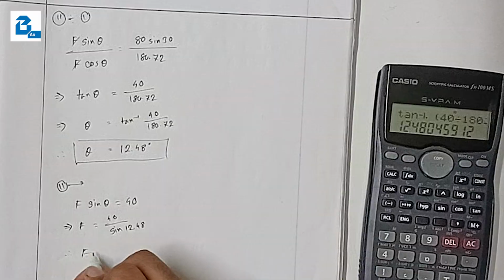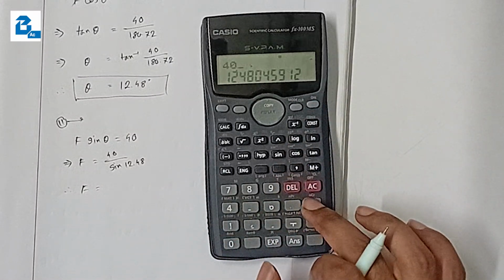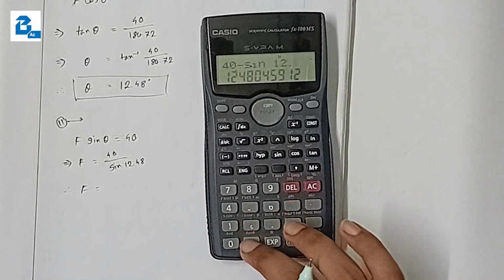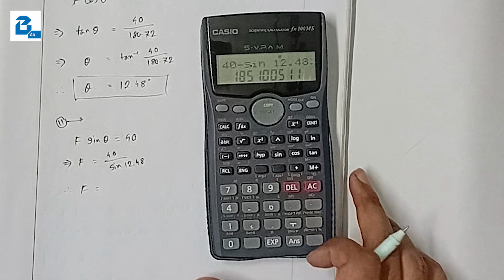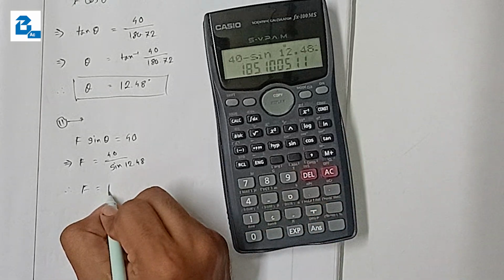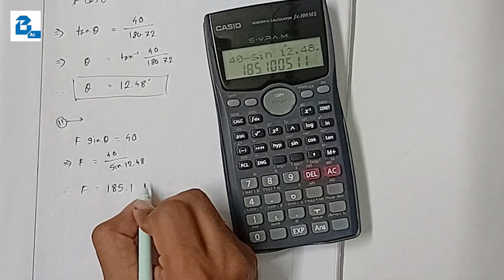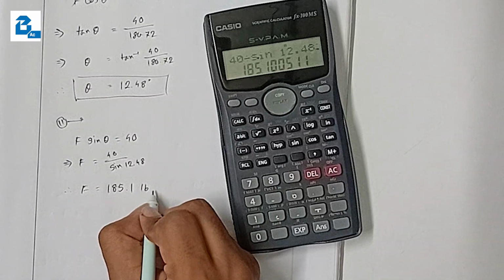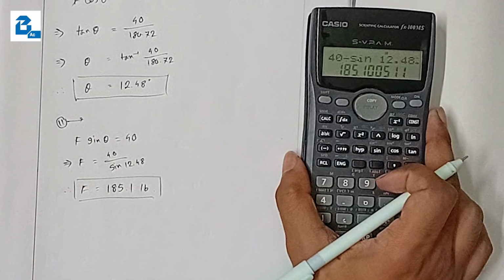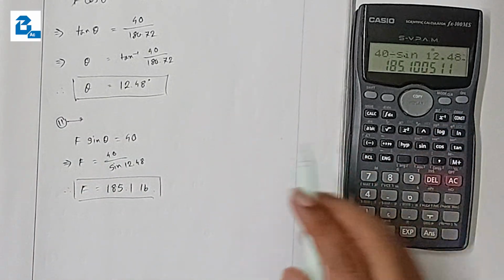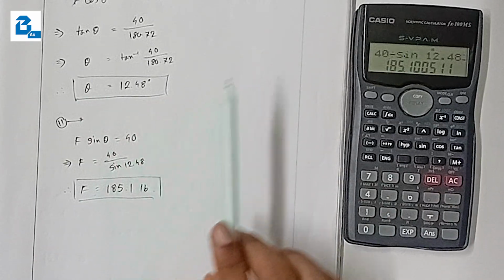Therefore the value of F would be 40 divided by sine 12.48. So the value of F would be 185.1 pound. So that would be the answer for this problem, which were theta and the value of F. Thanks for watching.